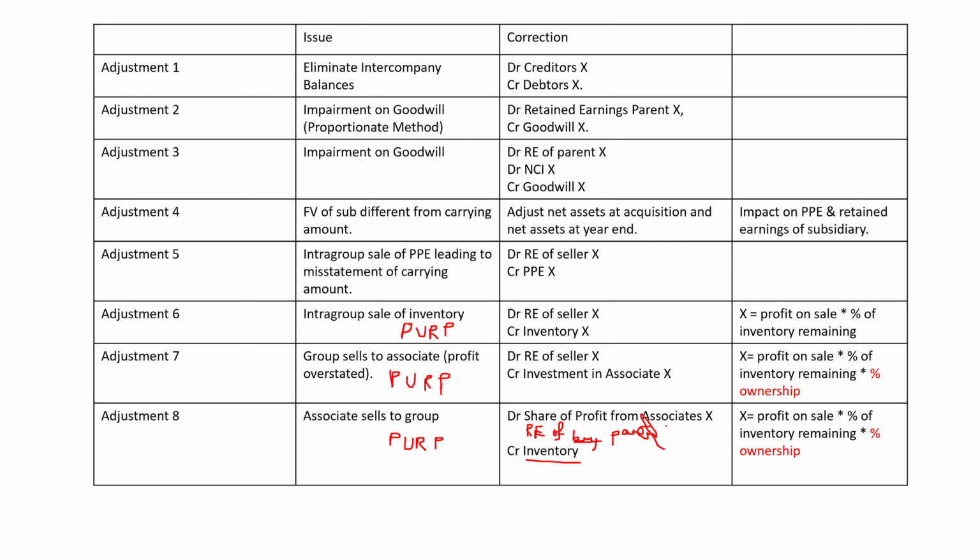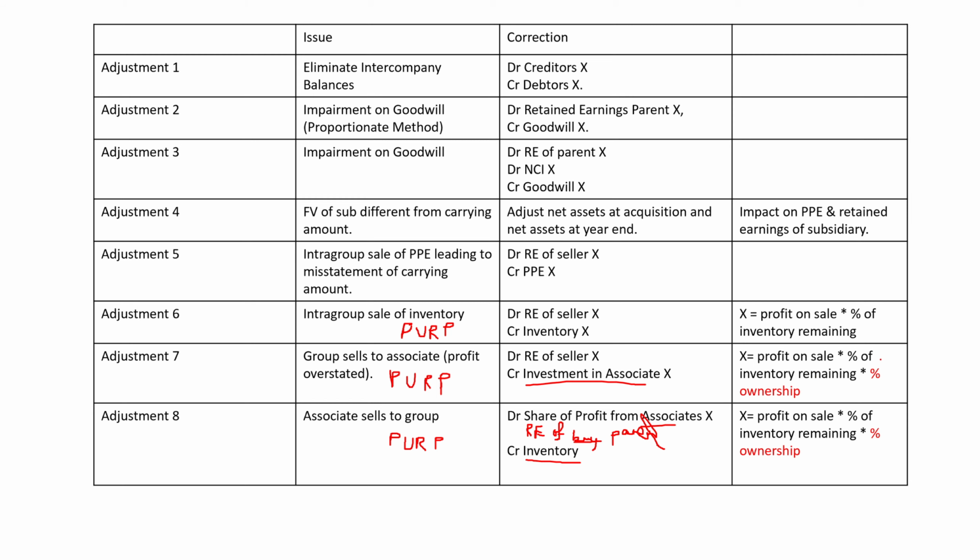I've written it badly. So if the associate sells to the group, we credit inventory and debit retained earnings of the parent. If the group is selling to the associate, we credit investment in that associate first, and we debit retained earnings of the seller, whoever it is.